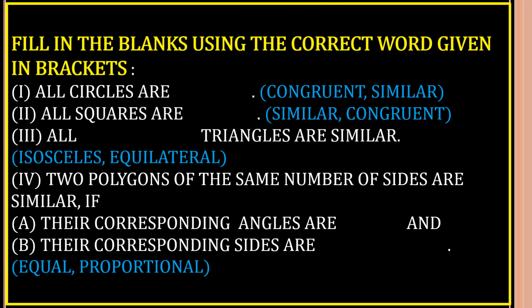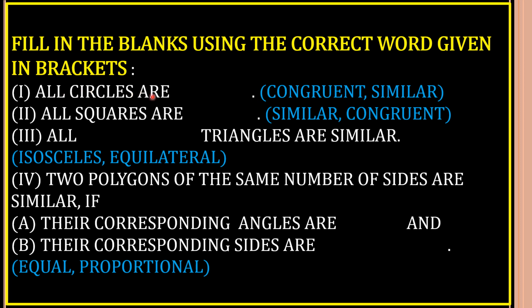Okay, now exercise 6.1. The question is: fill in the blanks with the correct word given in the brackets. All circles are congruent or similar? Congruency, if we remember from class 9th, means all the corresponding parts are equal, right? Then the figure is said to be congruent.